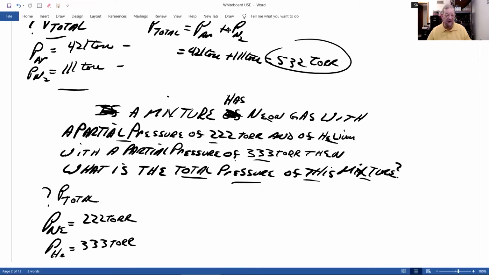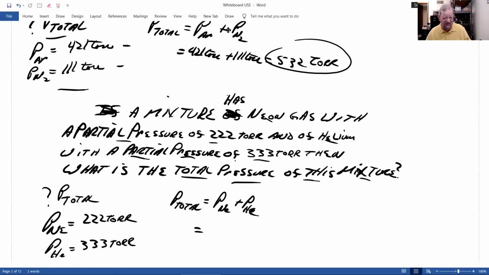Whenever you hear or see the words partial pressure, you should think of Dalton's law of partial pressures, which is P total is the sum of all partial pressures. In this case, that would be the partial pressure of neon plus the partial pressure of helium.